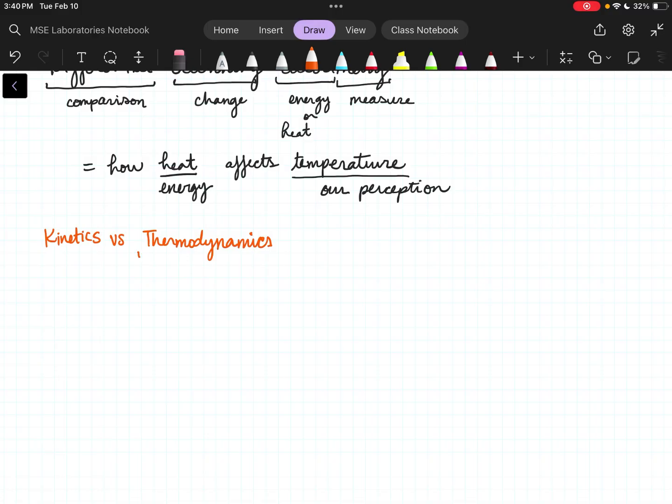But very, very generally, thermodynamics is a yes or a no. Is this reaction going to happen? We talk about favorability, we talk about free energy, we talk about the transfer of energy, but you could think of it as the black and white yes or no. Will a reaction occur?